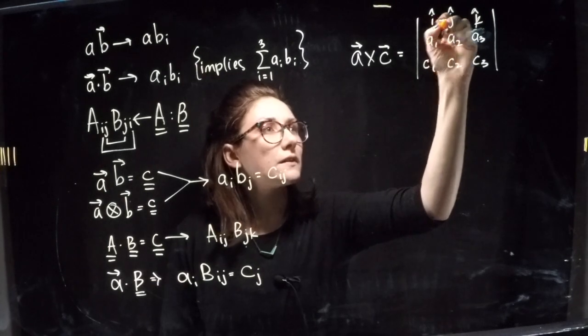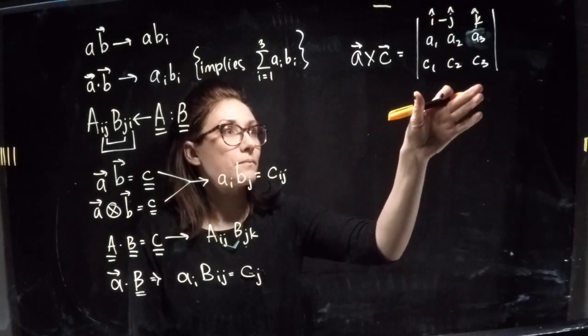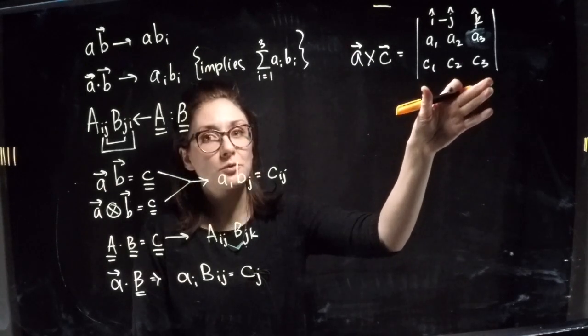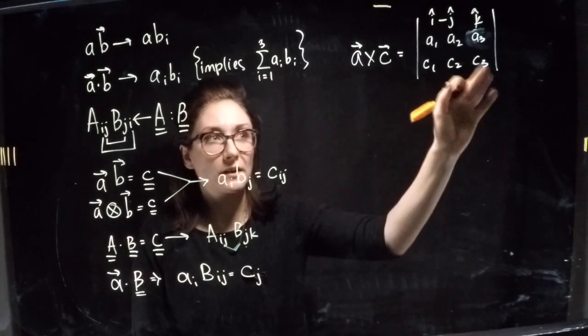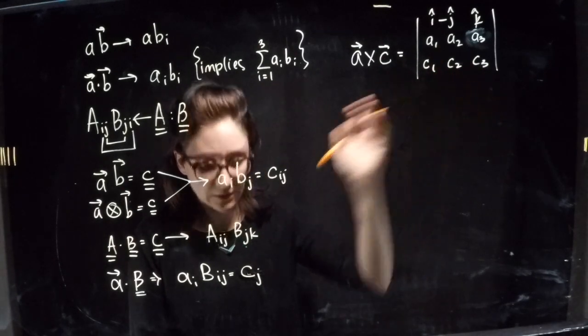And this is a negative j hat, I believe. So this is how we're used to writing it in vector notation. This is kind of our way we remember how to do this operation.